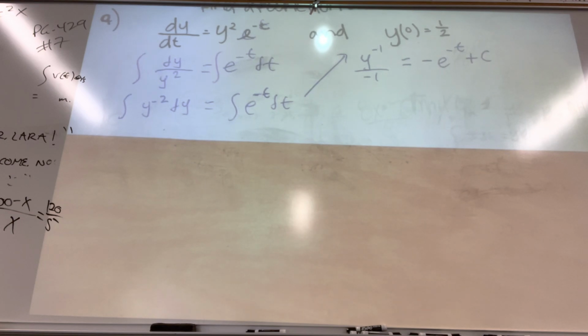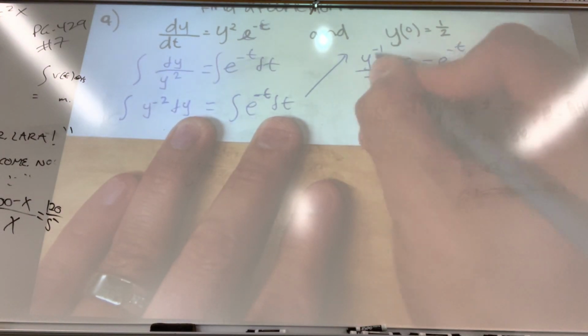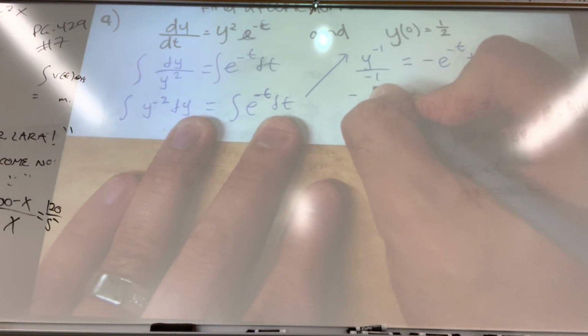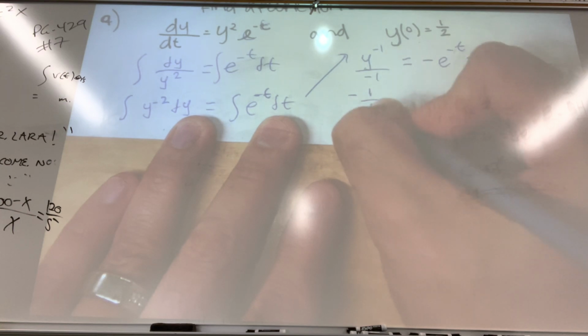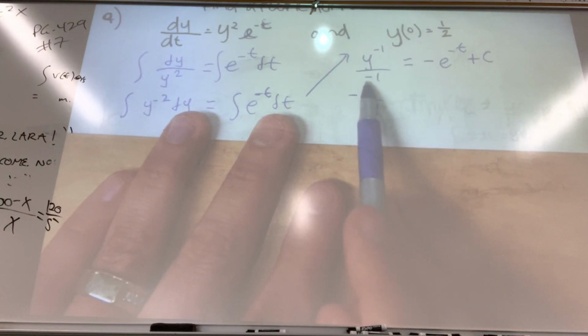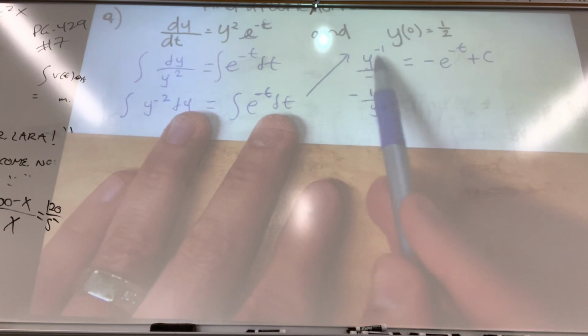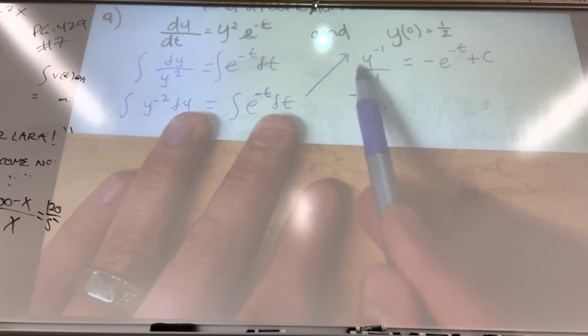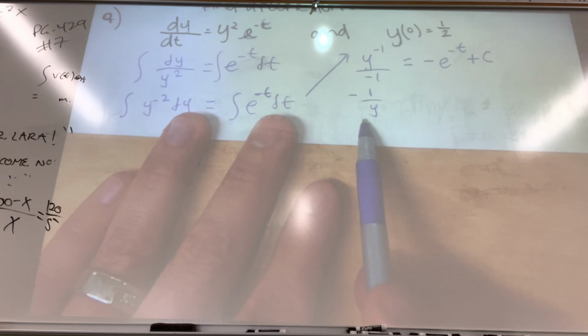We good? Okay, let's keep solving for y. This becomes, I think this is the same as negative 1 over y. I mean, that negative is still there. And then y to the negative 1, isn't y to the negative 1 over y? That's how I got that.